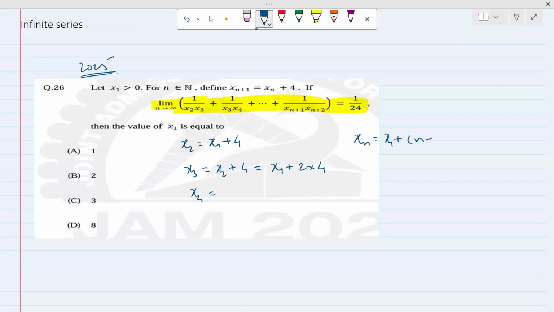Good. So the terms of the sequence are in arithmetic progression.